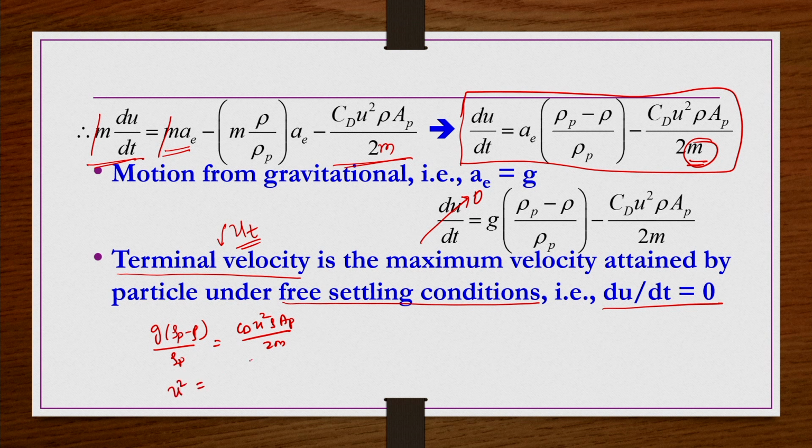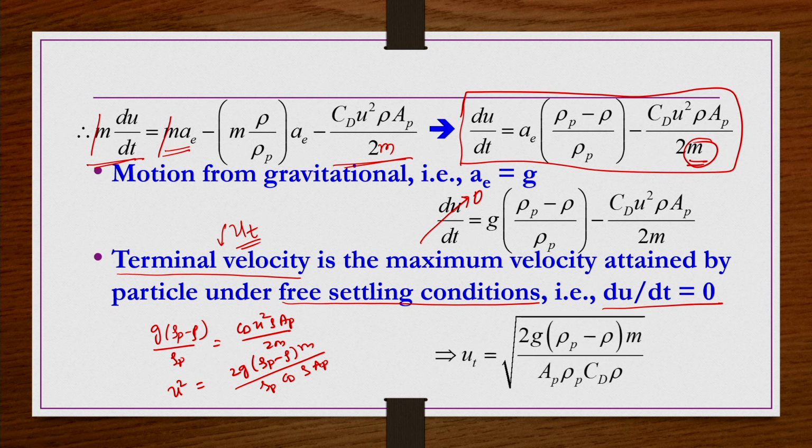So u square is equal to g (rho p minus rho) times 2 and then m, divided by rho p CD rho AP. If you take the square root on each side, then you have ut is equal to, now this is under terminal condition, so this u should be replaced by ut.